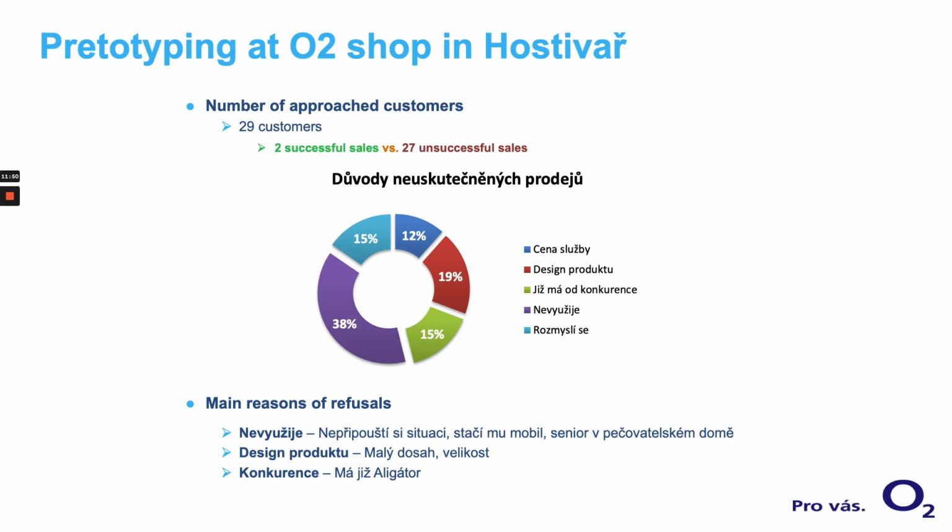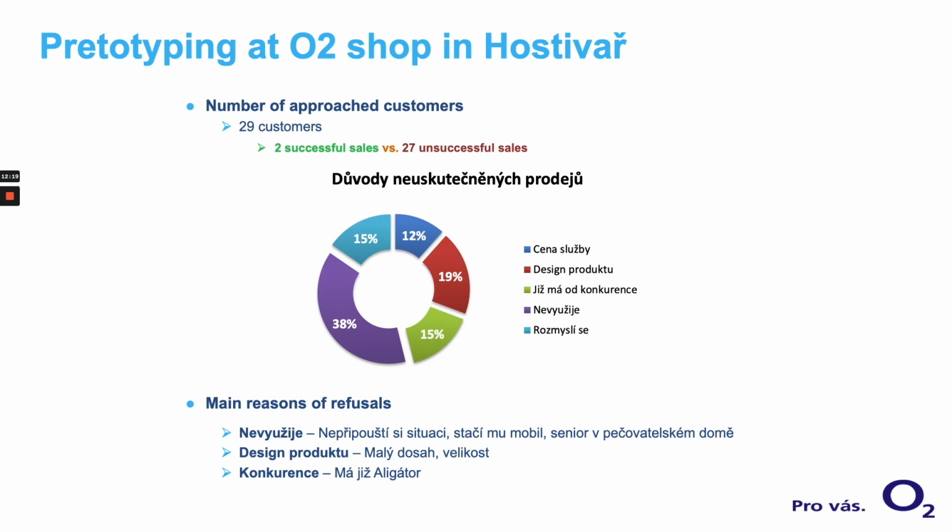They said, no, this can never happen to me, nothing bad is ever going to happen to me, so I don't need this product. On the other hand, the sons and daughters of these old people said, fine, that's good, I think it's useful. So we understood that our customers are not the old people, but the offspring of old people.